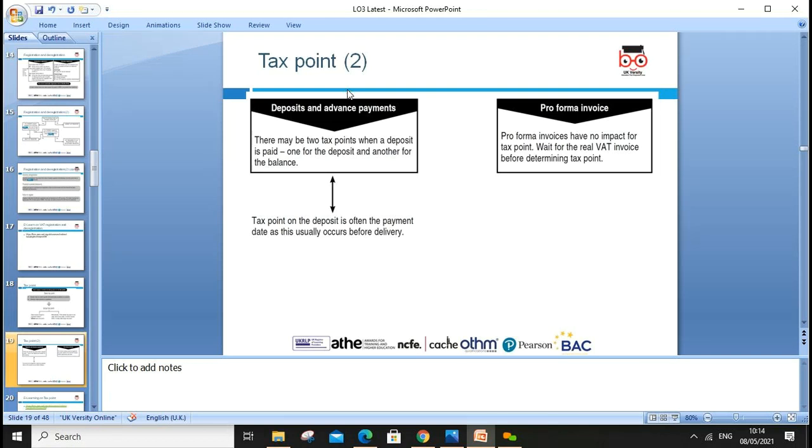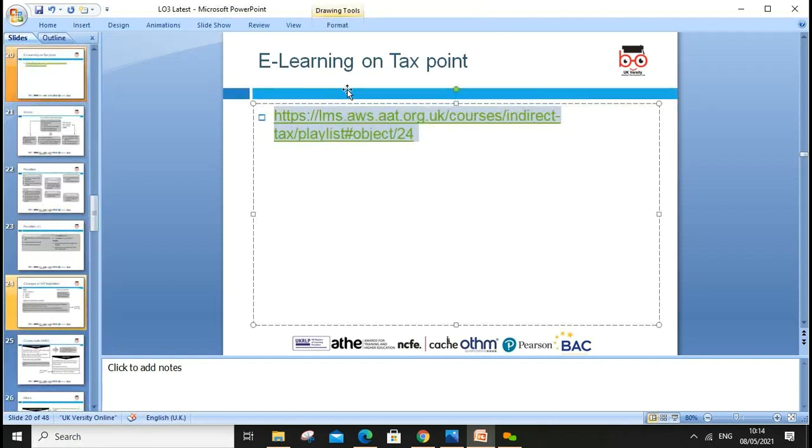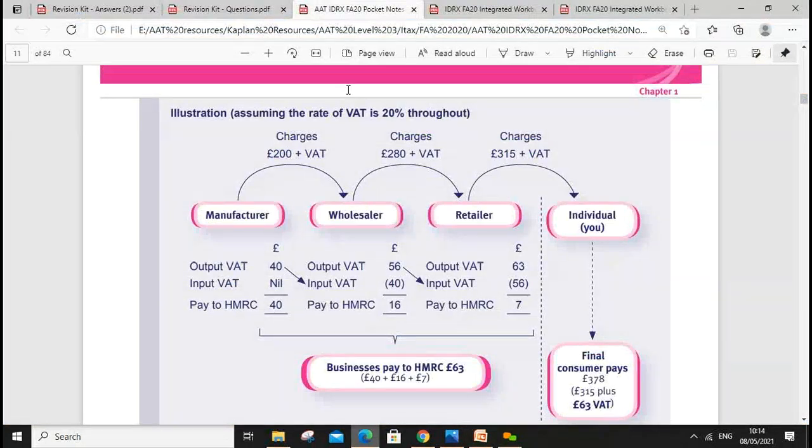A pro forma invoice is not used for tax point purposes; the actual invoice comes afterwards. Okay, so this is e-learning again for the tax points.